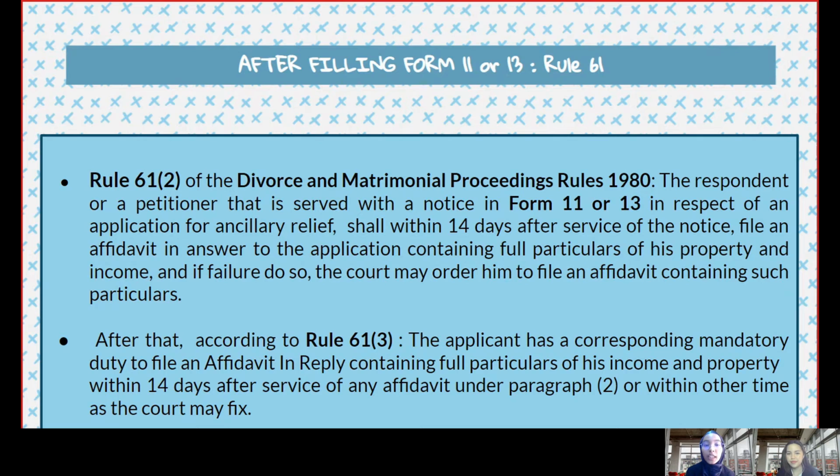If he fails to do so, the court may order him to file an affidavit containing such particulars. After that, as per Rule 61, Paragraph 3, the applicant has a corresponding mandatory duty to file an affidavit in reply containing full particulars of his income and property within 14 days after service of any affidavit under Paragraph 2, or within such other time as the court may fix.